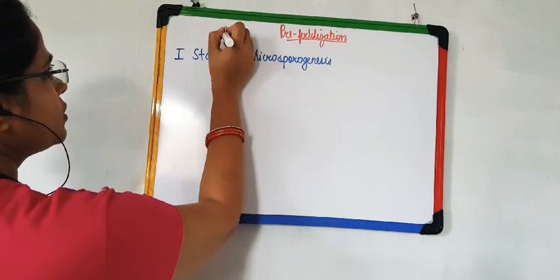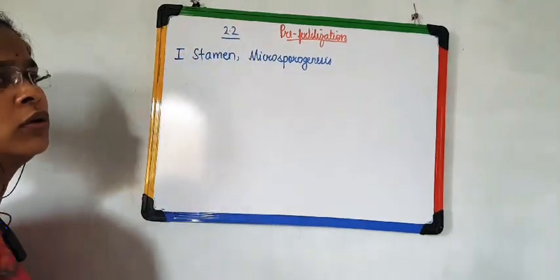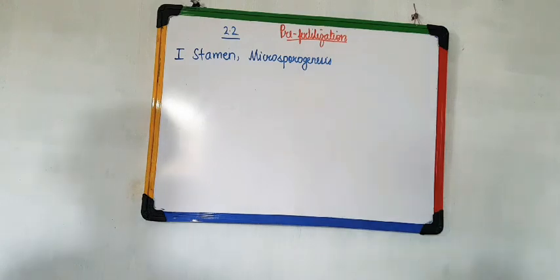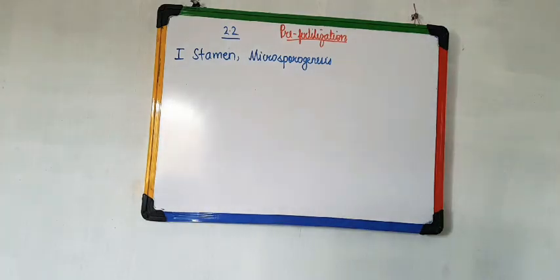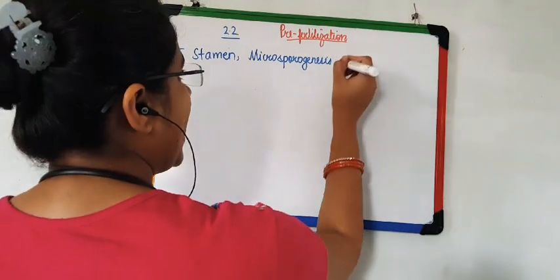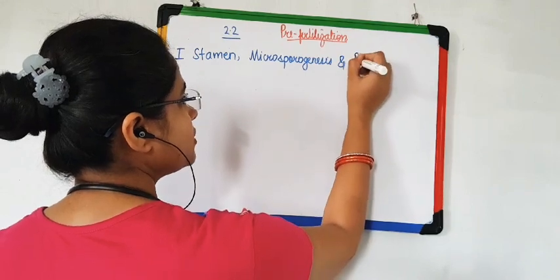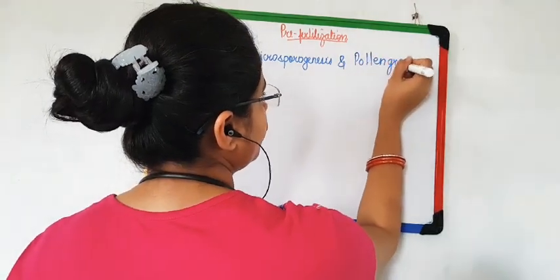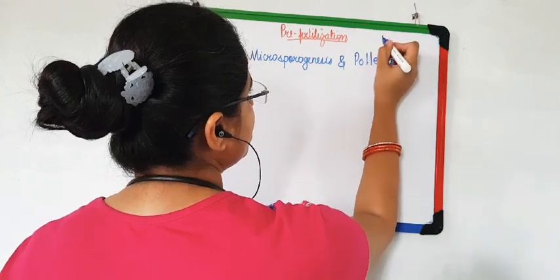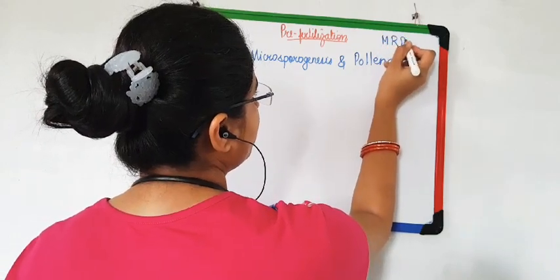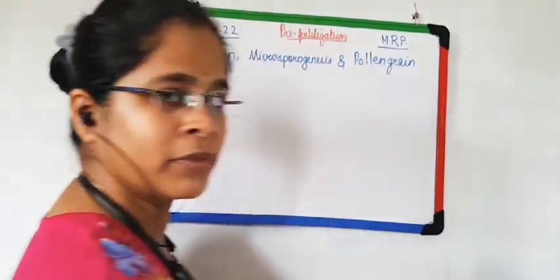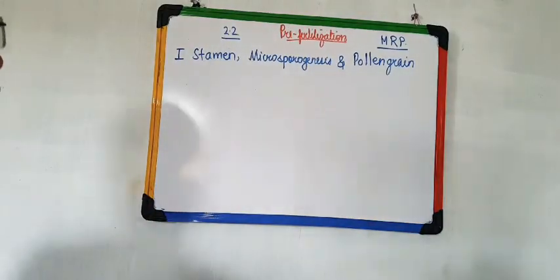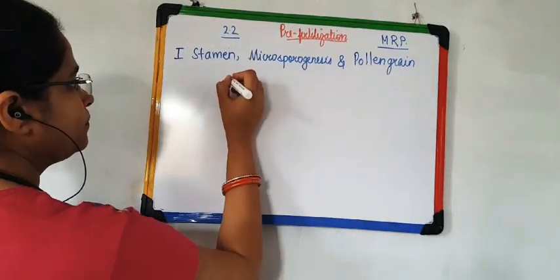This is, guys, the 2.2 topic of our chapter, the pre-fertilization events and the structure. In this, first we have stamen, microsporogenesis, and what else? Pollen grains. That means first we are going to study about the male reproductive plant part. Clear? Now let me start.